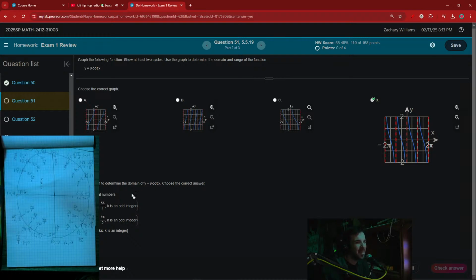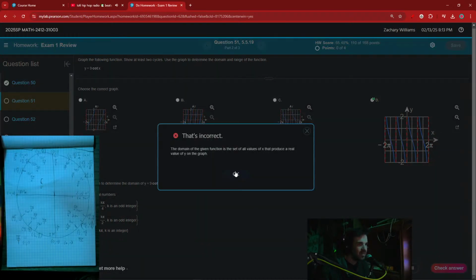Use the graph to determine the domain of 9 cotangent x. It's the same answer as the last question because nothing has changed. Huh? Am I just reading it wrong?